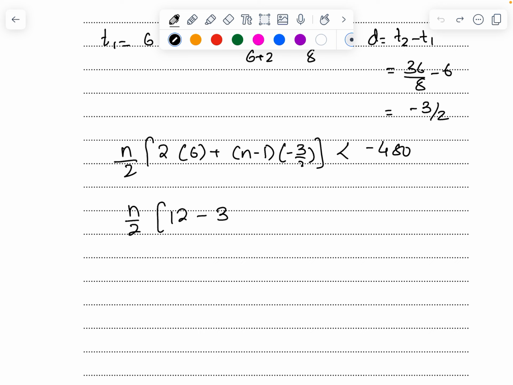So first I simplify this one, minus 3 times n minus 1 by 2 is less than negative 480. So I have to simplify it and get a quadratic.